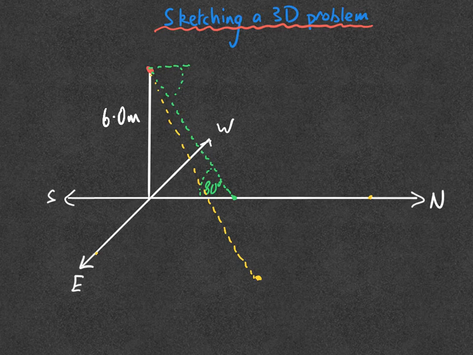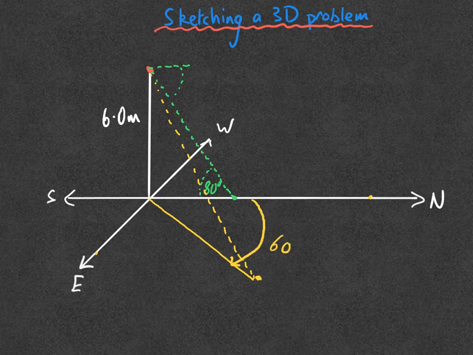Now I need to draw in where they would walk towards the base of the tree. So that's along the flat earth. And the direction Nomi is looking at is from north, let's say 60 degrees. So this direction here is north 60 degrees towards the east.